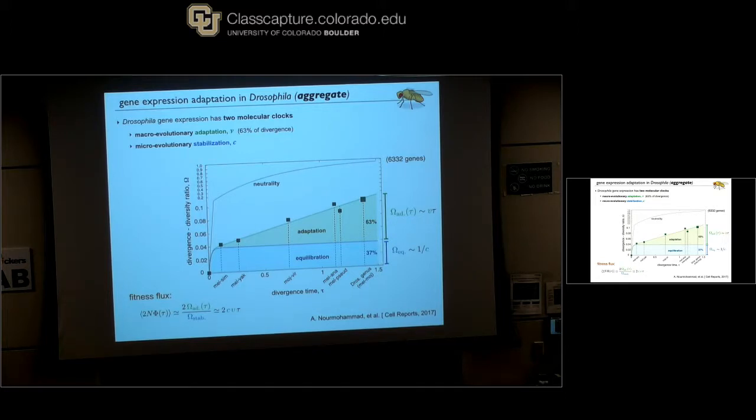Yes? Just as an interpretation, if you didn't have the 0, 0 point and just extrapolated the straight line, it would cross the y-axis at some point. So what's the interpretation of this? Like two species that basically have no time to diverge, basically the same species, but in slightly different environments?